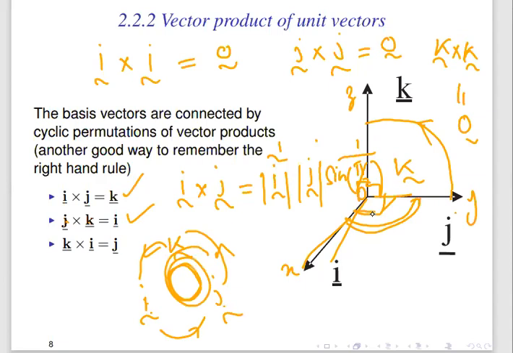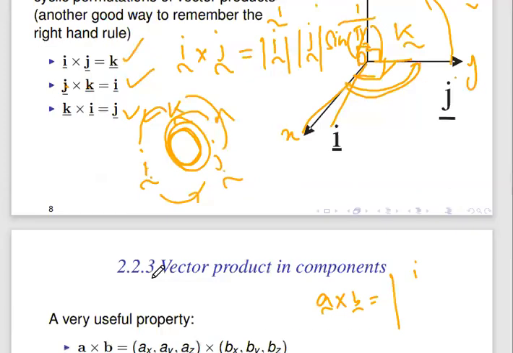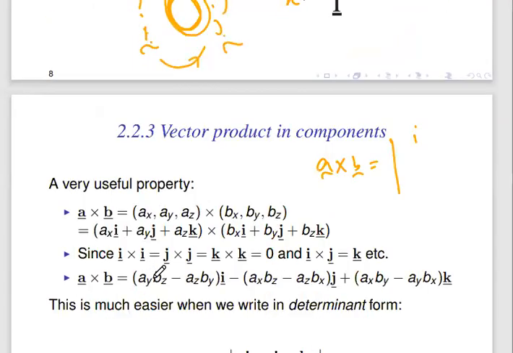So there is a circular permutation of the vector product here. Right. All right.